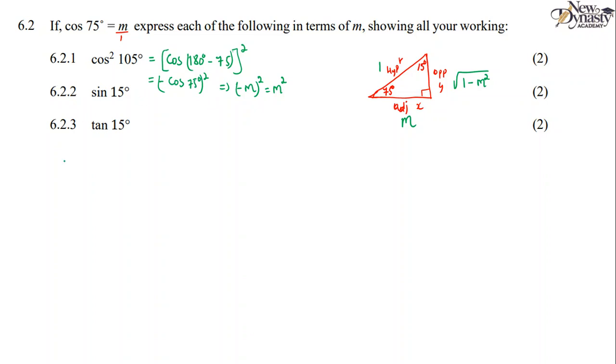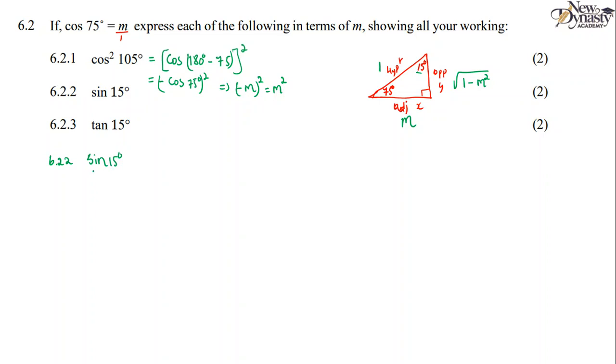Then the next one, I'm going to do it down here, 6.2.2. You've got sine of 15. Fortunately, 15 was one of the angles inside the triangle there. But in this case, when we use 15 here, the opposite and the adjacent are going to interchange. But one thing I see here is that 15 and 75 are complementary angles.